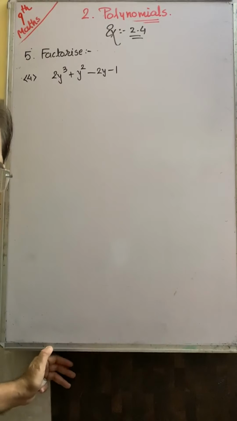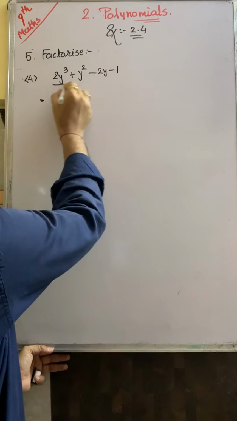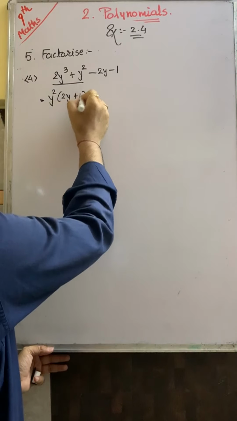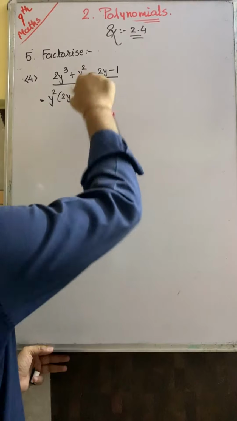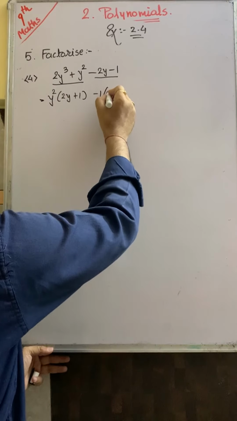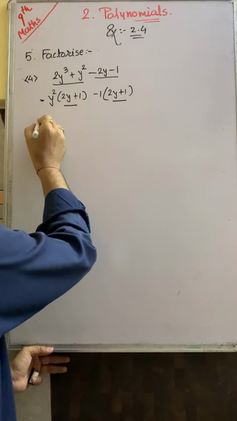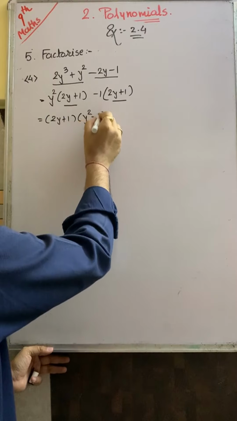See, if you make a pair of the first two, you can simply take y square common, 2y plus 1. Out of the last two, take minus 1, meaning minus sign common, the term will have its sign changed, 2y plus 1. Again 2y plus 1 common, remaining is y square minus 1.